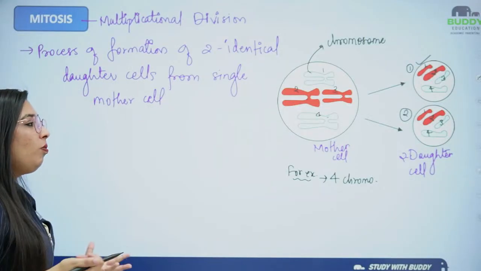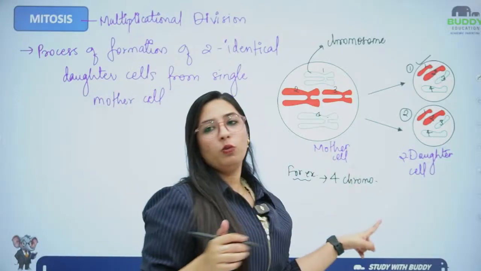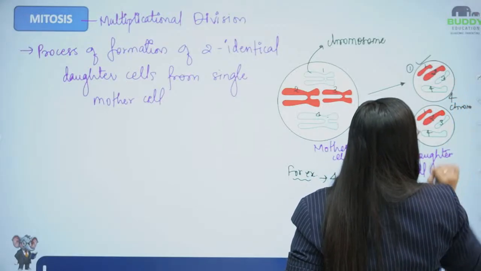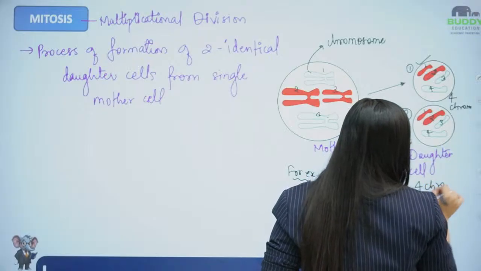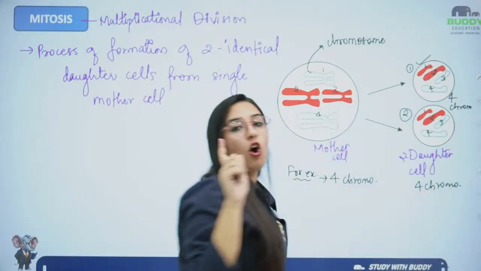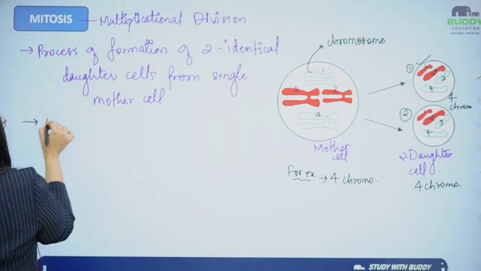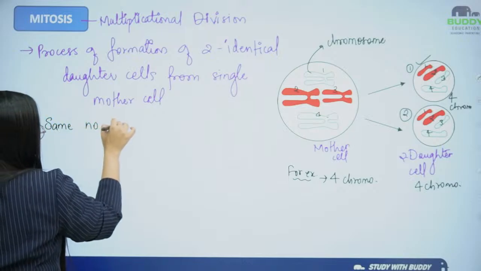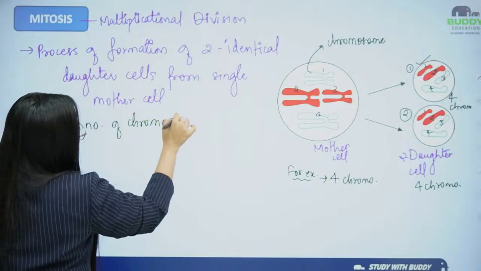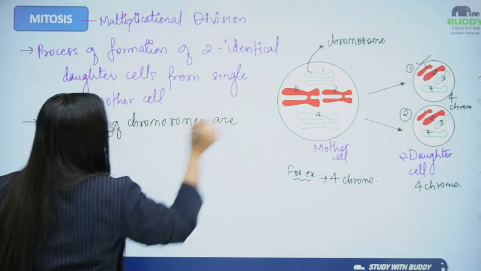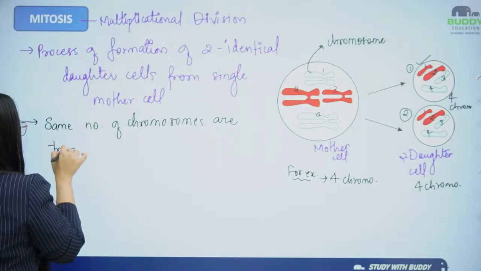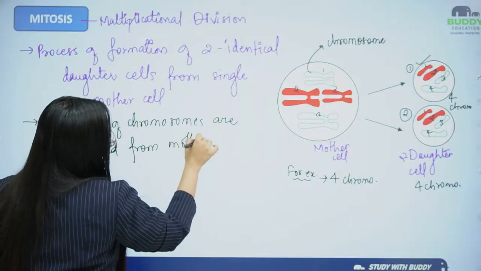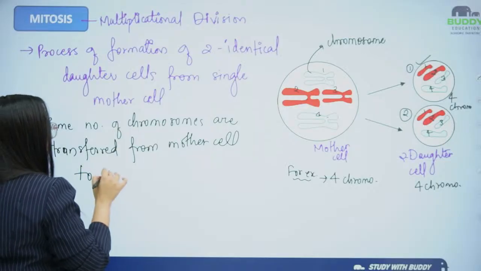When I say 4 chromosomes in the mother cell, then this also includes 4 chromosomes when talking about one daughter cell. Here I can write: the same number of chromosomes are transferred from the mother cell to a single daughter cell.